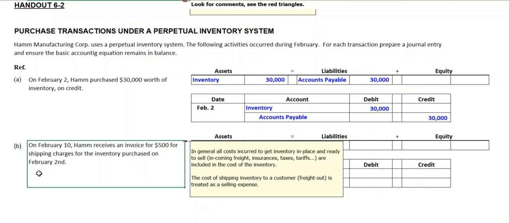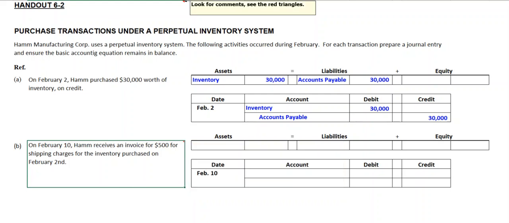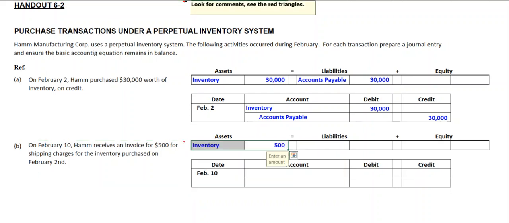So when we receive this invoice for $500, we want to increase inventory by $500. And we've received a bill, an invoice, so we're going to increase accounts payable as well. The increase in inventory is a $500 debit to inventory, and the increase to accounts payable is a $500 credit to accounts payable.